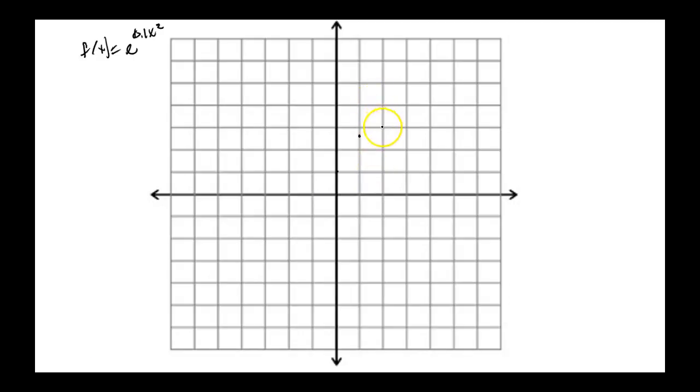Yeah, 3, 4, 5, 6, 7, something up there. Ooh, no it isn't. That's e to the x. That's not e to the 0.1 x squared. Okay, let's erase that, sorry.